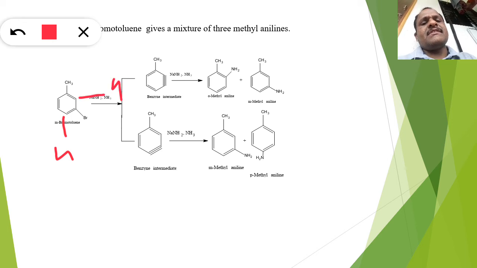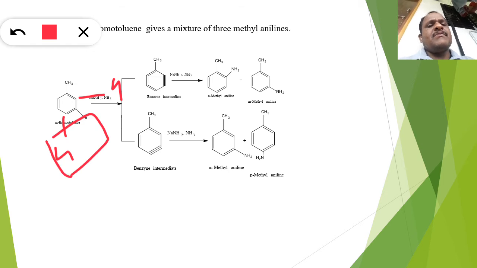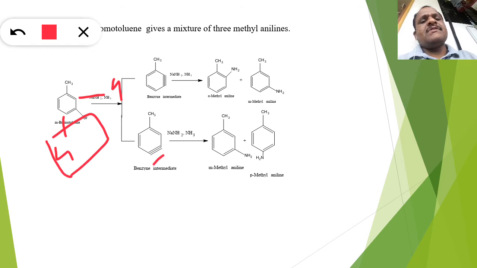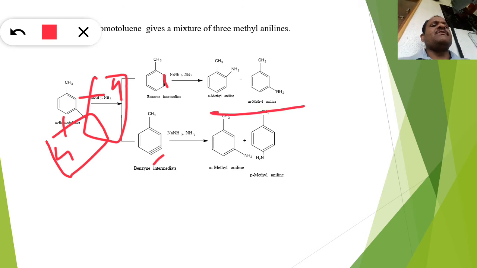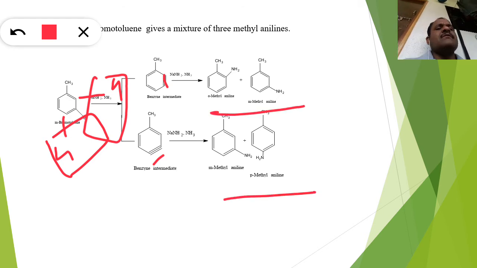If you lose this HBr, then there is formation of triple bond here, and if you lose this HBr, then there is formation of triple bond here. So if two benzyne intermediates form, then there could be four different types of products. Out of that, two are the unexpected products, that is called cine substitution.